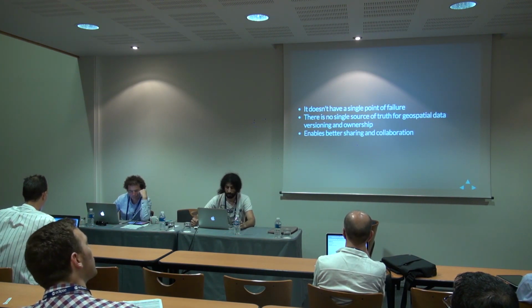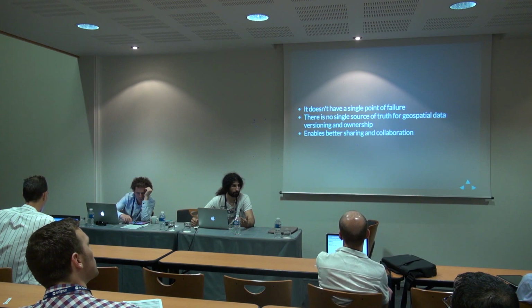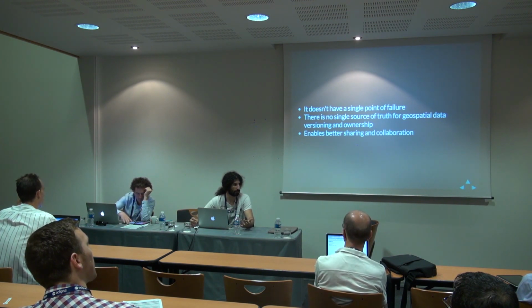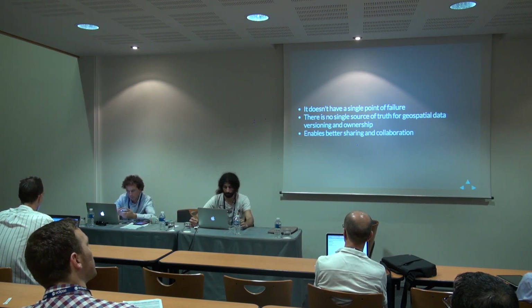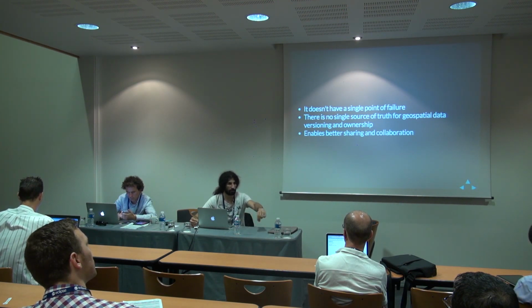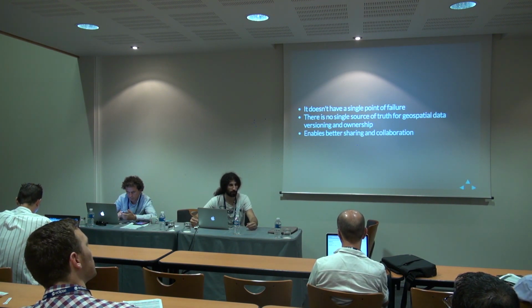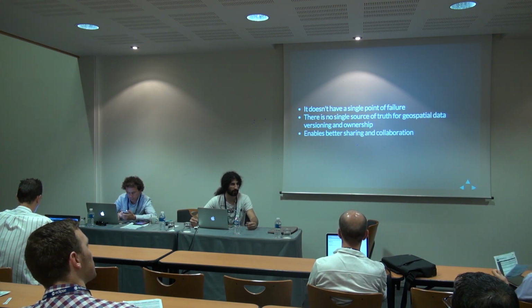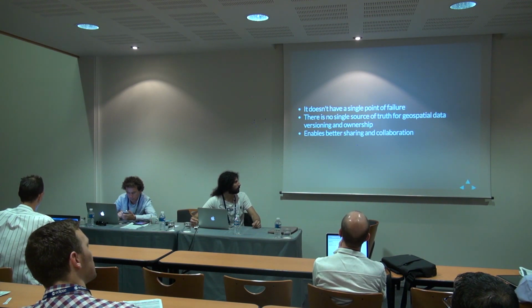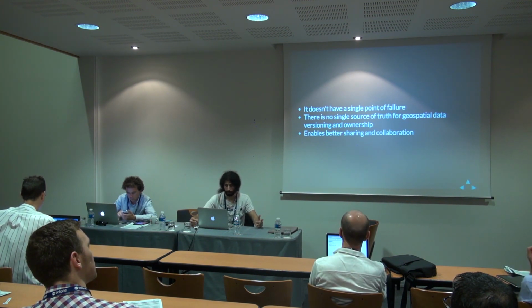So it's a better way of sharing and collaborating, which is pretty important nowadays. There are crowdfunded projects, and many people contribute to a single project. We have these kinds of tools for working with open source projects, and we should have a tool like that for geospatial data, so we enable people to collaborate and share the data in a better way, right?